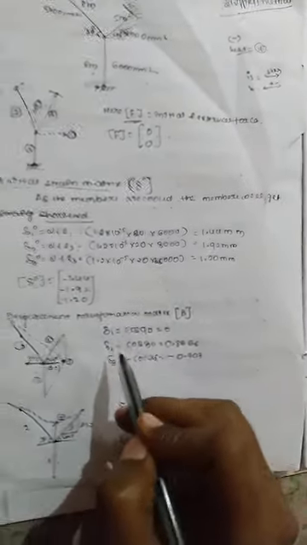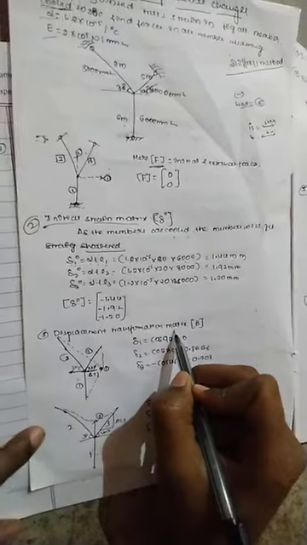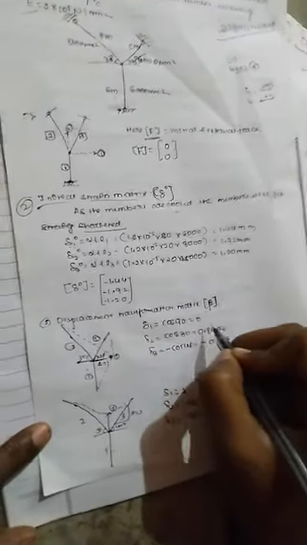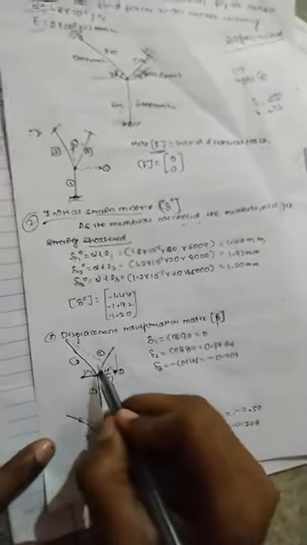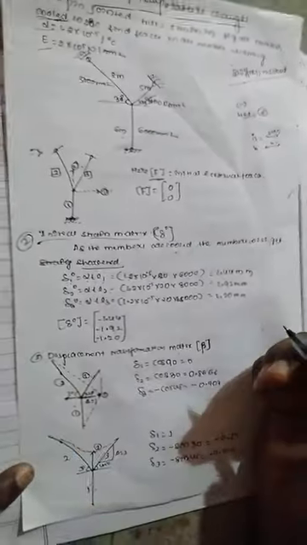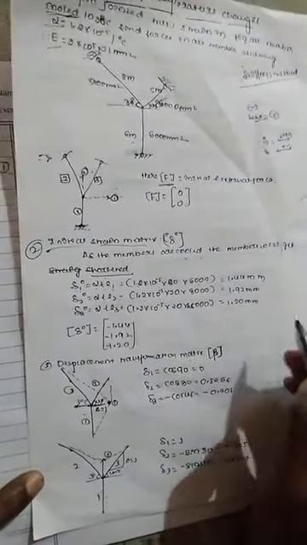The third step, we have to find the displacement transformation matrix, which we consider as the beta value. In this you consider first the assumed member, the horizontal member.